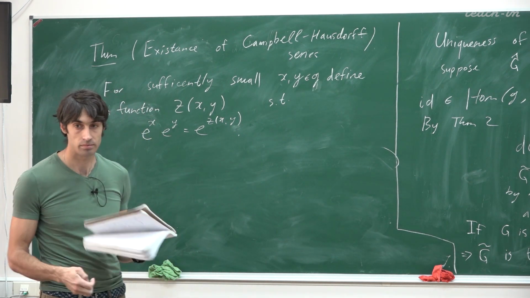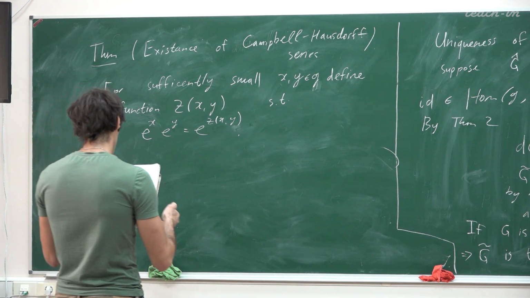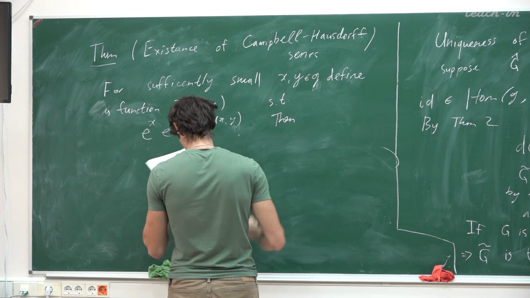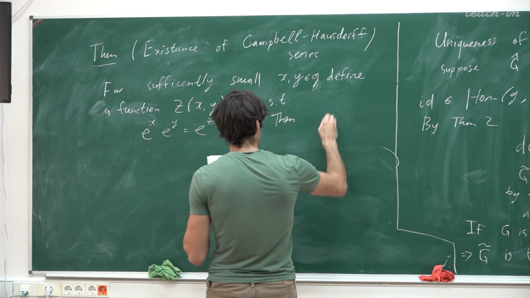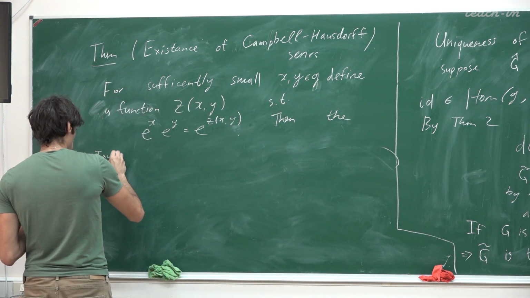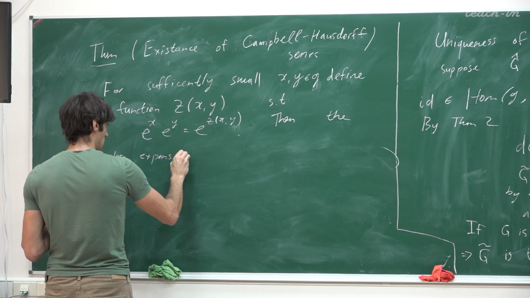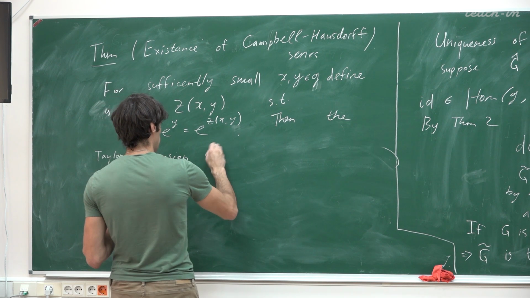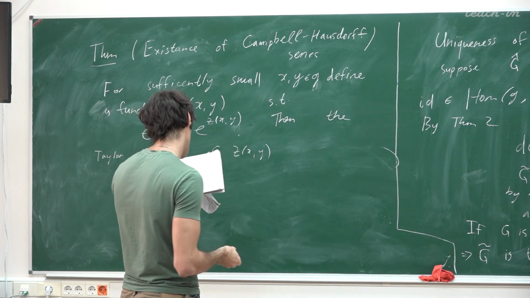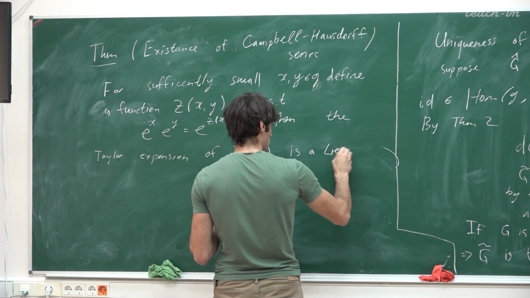Okay. So then the statement is the following. Then the Taylor expansion of z(x, y), the function of x and y, is a Lie series.